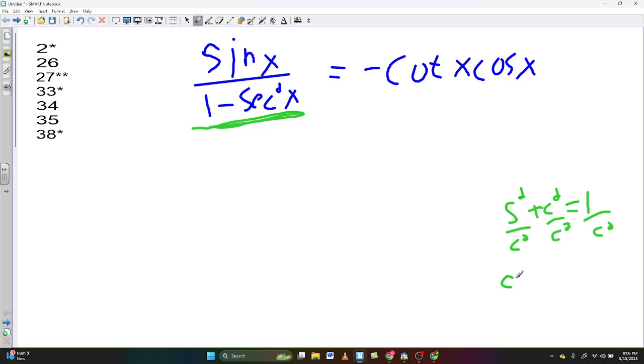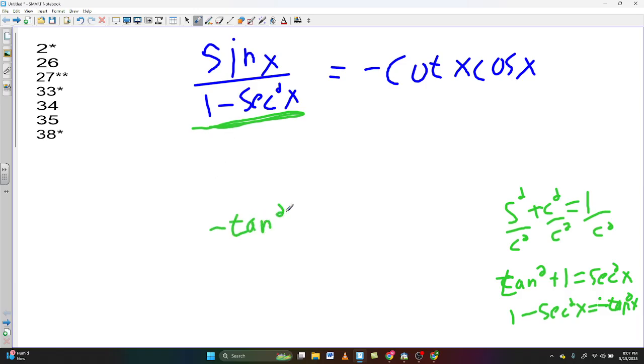So tangent squared plus 1 equals secant squared of x. And 1 minus secant squared of x equals negative tangent squared of x.